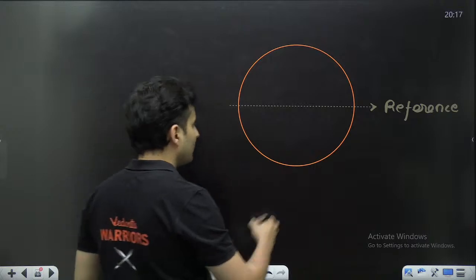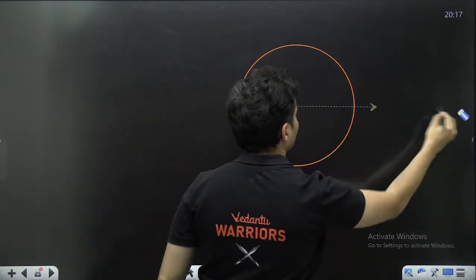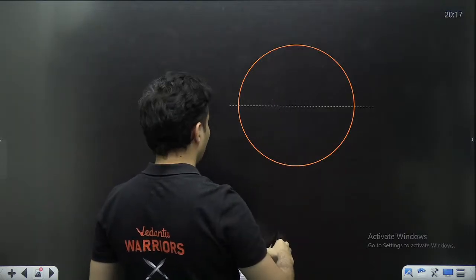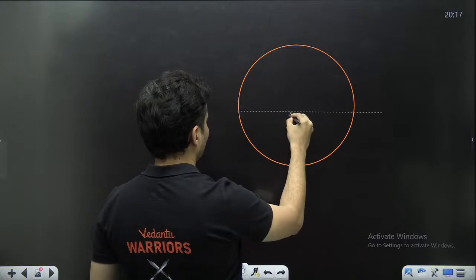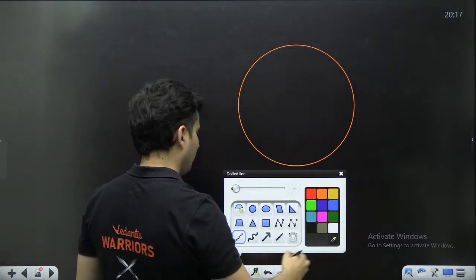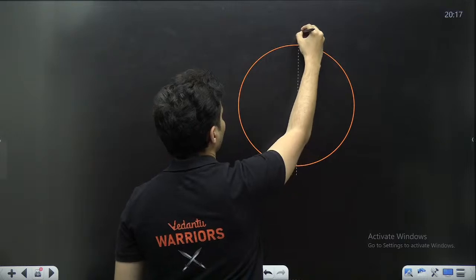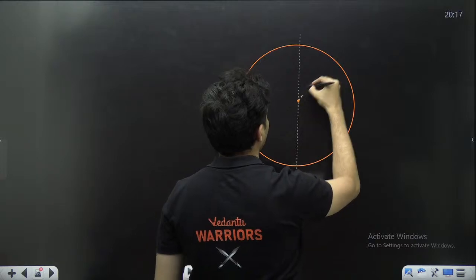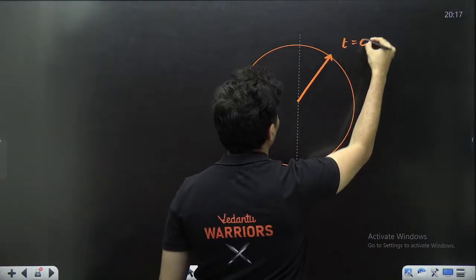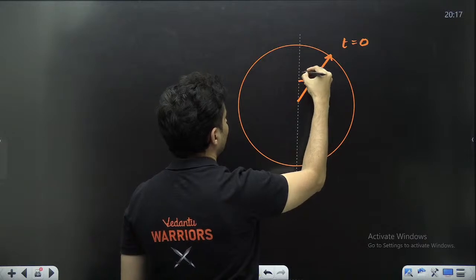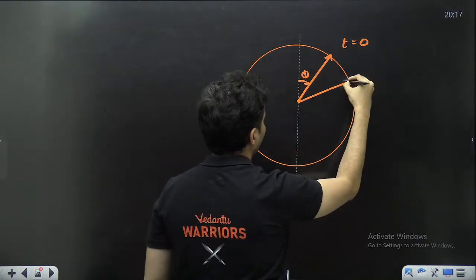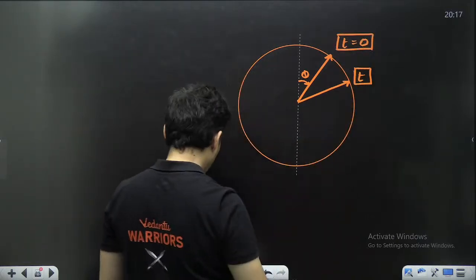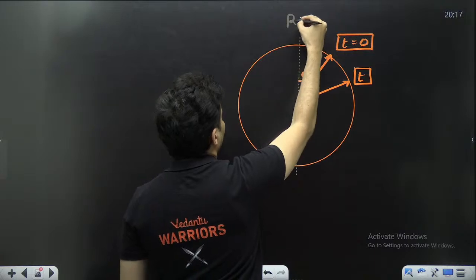Similarly, my dear students, over here, if similarly I show the reference from here, and let's say the particle was here initially at t equal to 0, and this is basically phi. After some time it reaches here at some instant of time. Remember, this is my reference line.